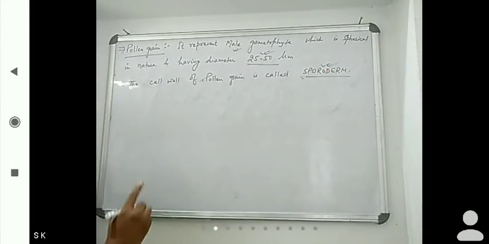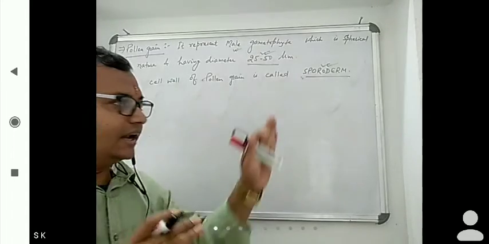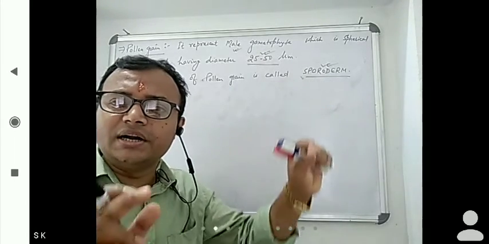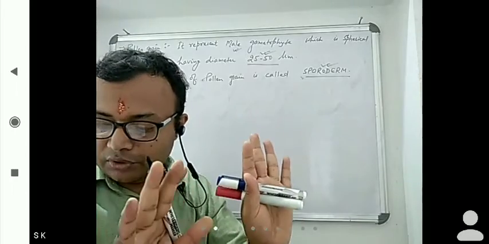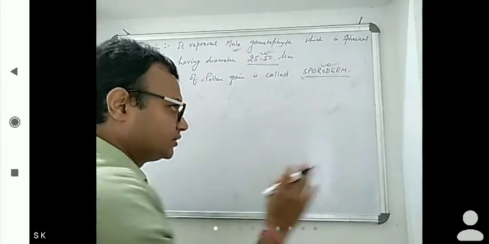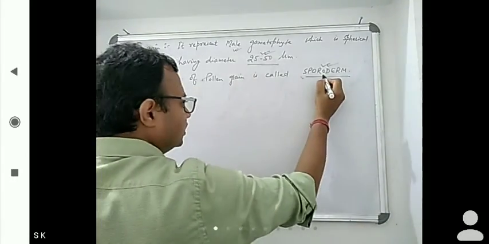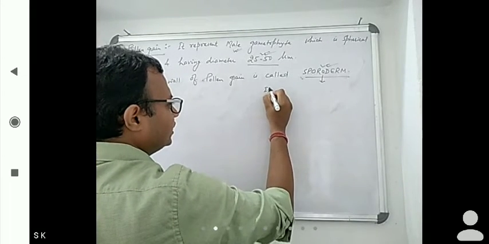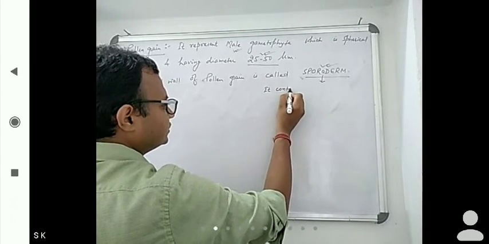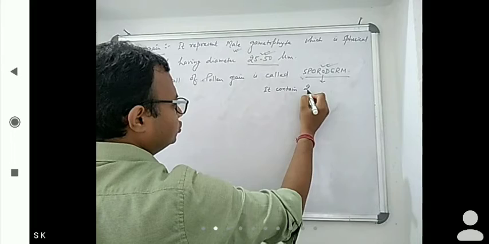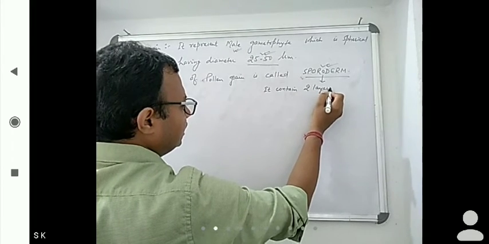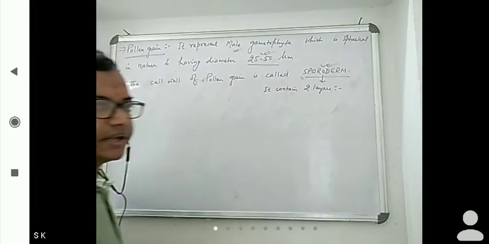Sporoderm. Cell wall of pollen grain is called what? Sporoderm. And this sporoderm contains two layers. What they contain? Two layers. So sporoderm, it contains two layers. What are the layers are there?